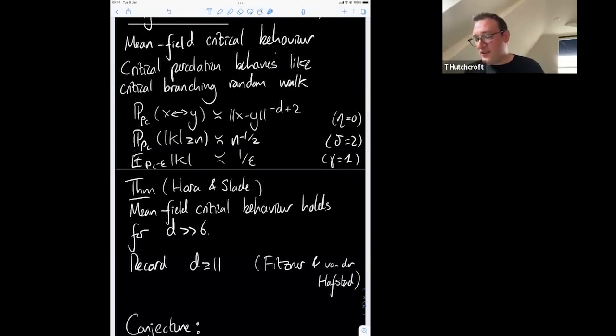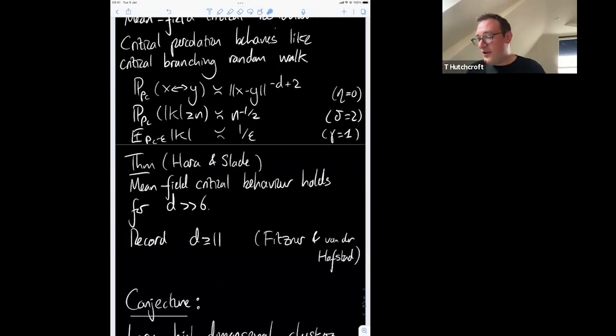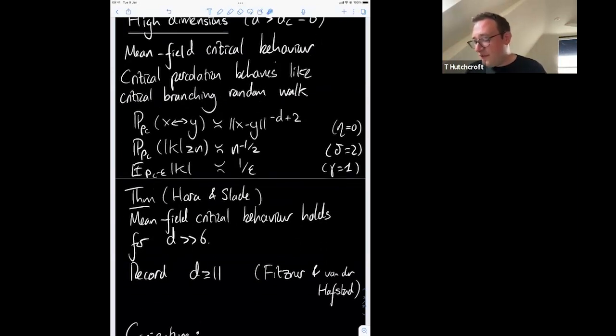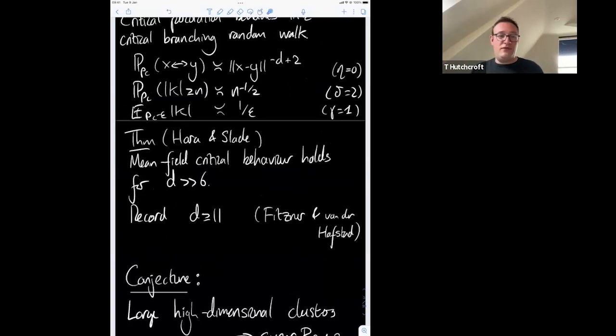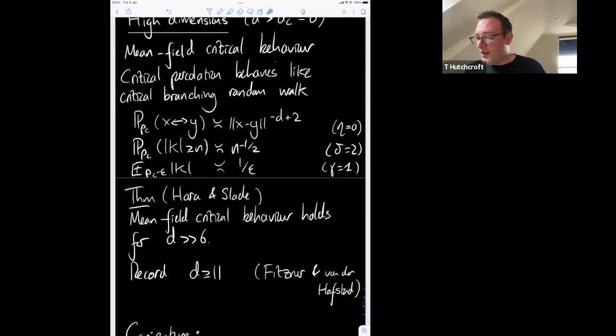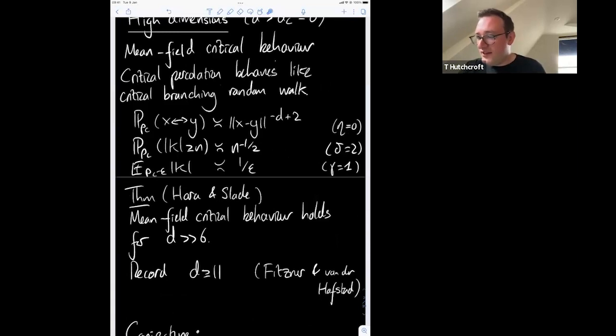And just to say about the nearest neighbor lattice, currently the record is d at least 11. This was done by Fitzner and van der Hofstad something like 10 years ago. That involves a lot of computer assistance to optimize all these constants and so on. I should say Hara and Slade did some of this, but they didn't really prove this.